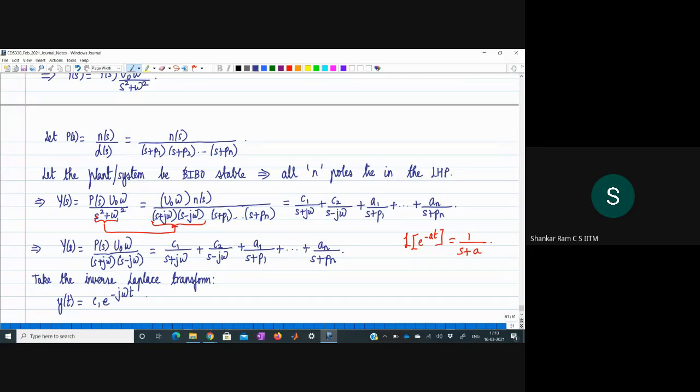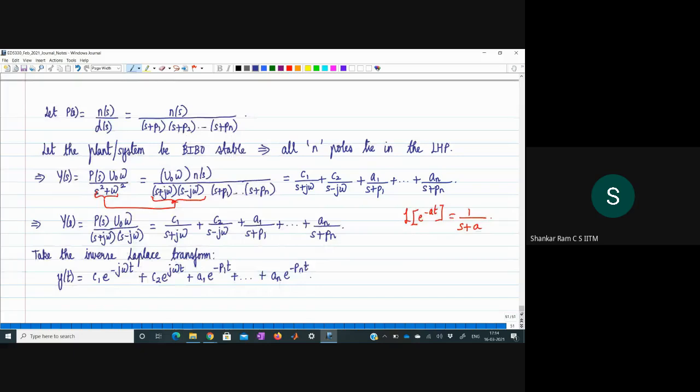So that's what we get. And then we will have plus C2 e power j omega t plus A1 e power minus T1 t all the way till An e power minus Tn t, right? So this is what we get, okay, if we take the inverse Laplace transform.